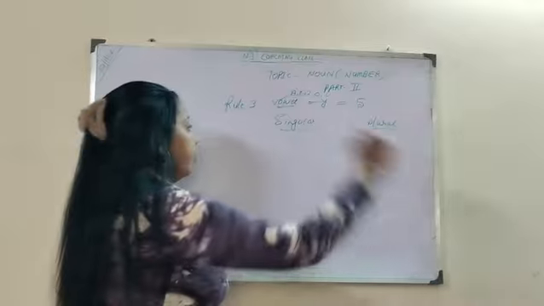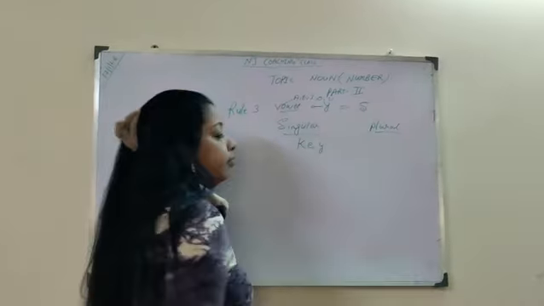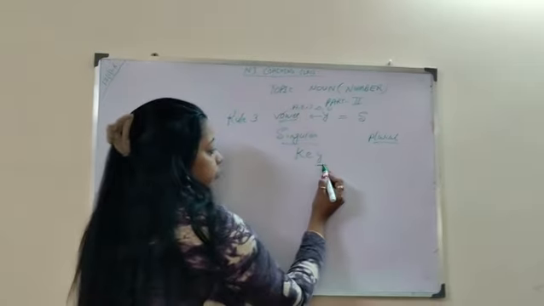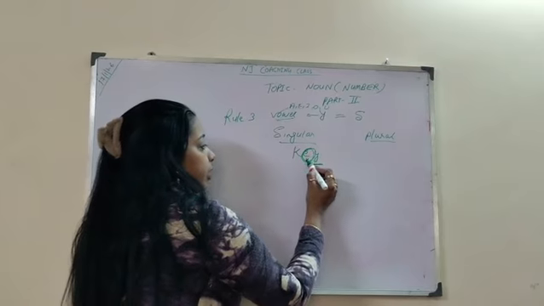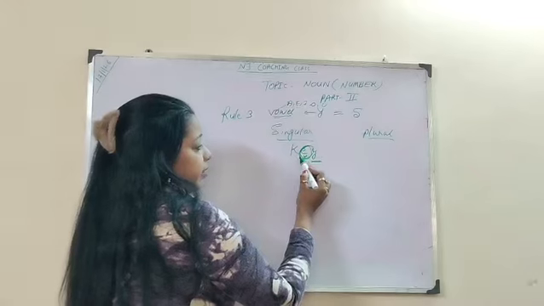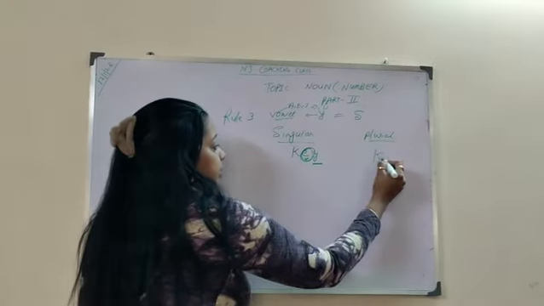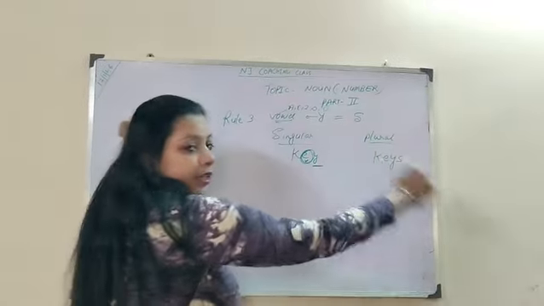Okay, just look over the example. K, E, Y, key. Key is ending with y, right? And before y there is a vowel e. E is a vowel, right? Then we must write keys. We have to add only s.